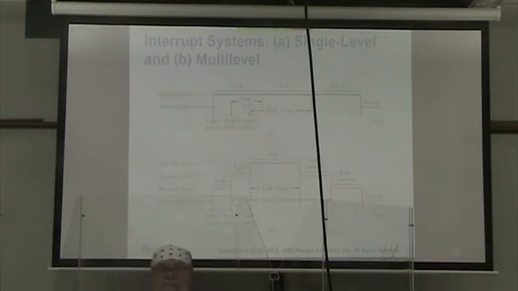All right, so in this diagram, we see a single level interrupt system. Our interrupt mode is up here, and our normal mode down here. Task 1 arrives.